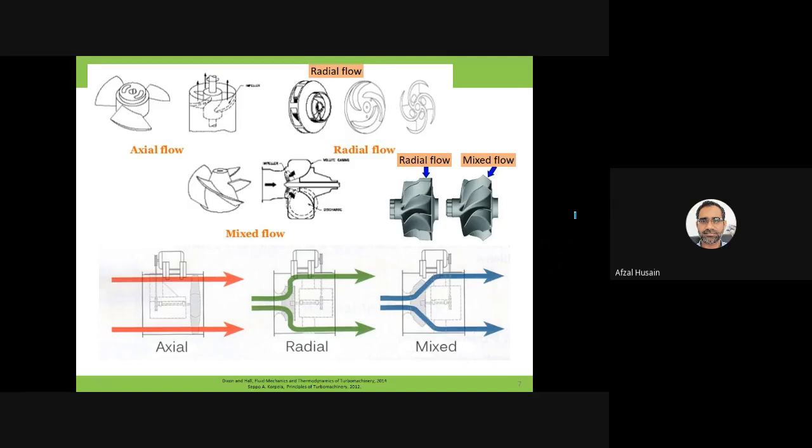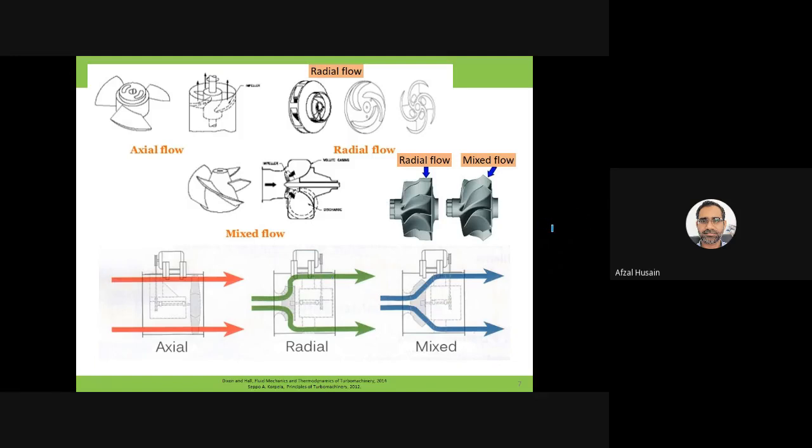The fluid comes towards the blade axially and leaves the blade axially. So this is an axial flow machine. The air enters parallel to the shaft.